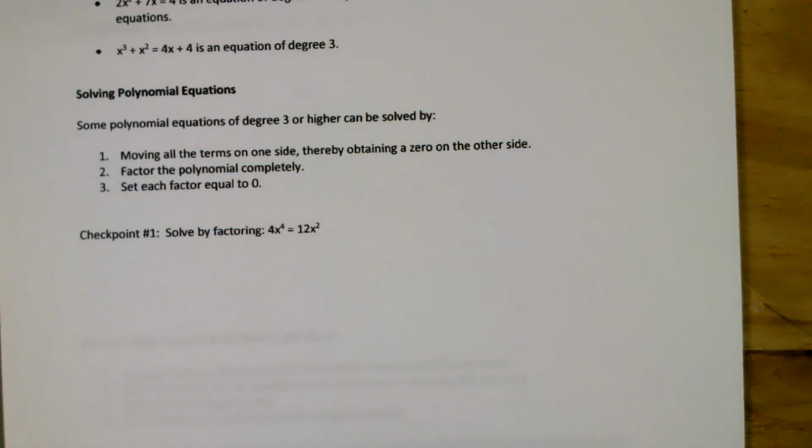And then number two, you want to factor the polynomial completely. You have to use various techniques for factoring polynomials. And then you're going to set each factor equal to 0 and solve. Okay.